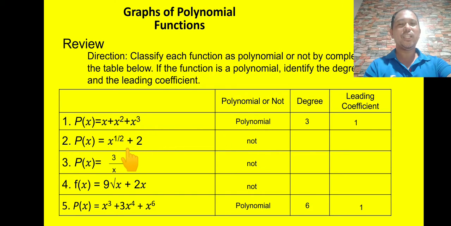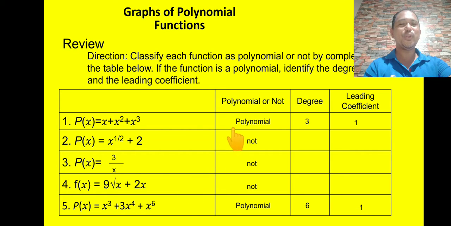Number 3, if there is a denominator which is a variable, then it is not polynomial. Number 4, if there is a variable inside the radical sign, then it is not a polynomial. Meaning, there are 2 polynomials out of 5.